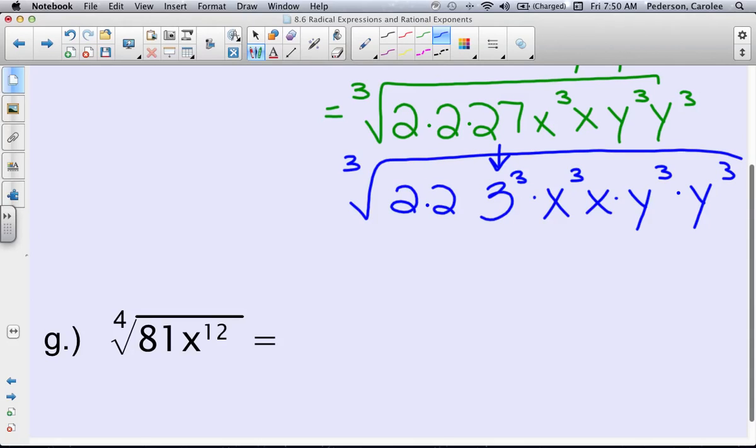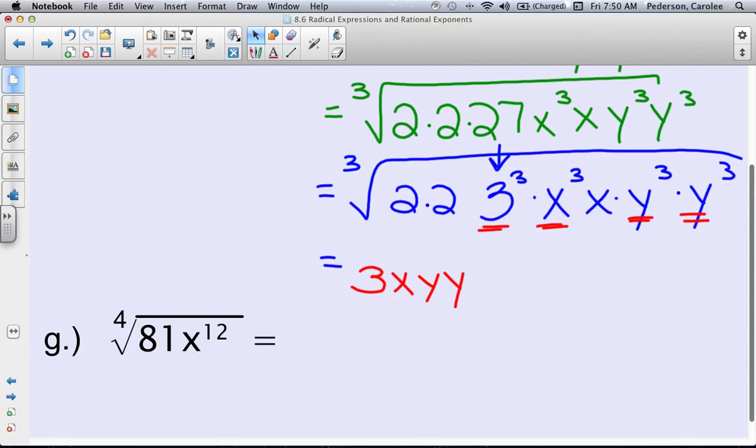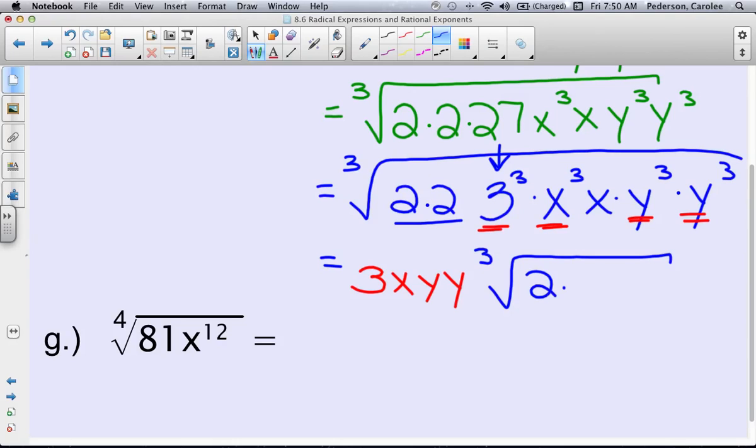So what's going to go out in front is anything that is a cube. So this 3 cubed, cubed root of 3 cubed is 3, cubed root of x cubed is x, cubed root of y cubed is y, cubed root of y cubed is y, and now what I'm left with is these 2's and this x.